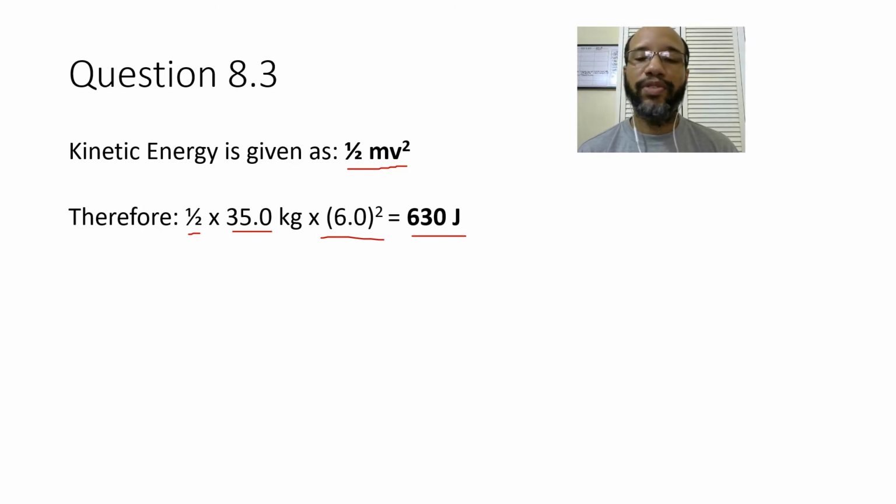Now you might say to me, sir, the question said her speed. It didn't say her velocity. Good observation if you noted that. In this case, speed and velocity can be used to mean the same thing, because whilst it is not direction specific here, remember, if you're moving at 6.0 meters per second, you have a velocity.